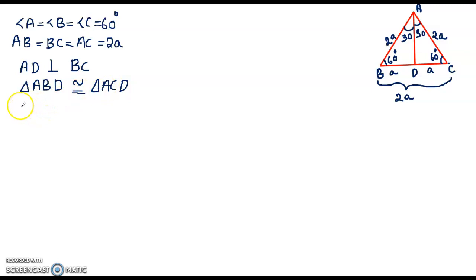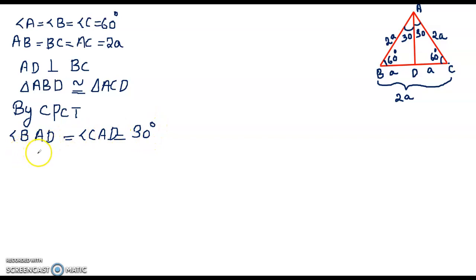And using CPCT, that is corresponding parts of congruent triangles, we can say that angle BAD equal to angle CAD.